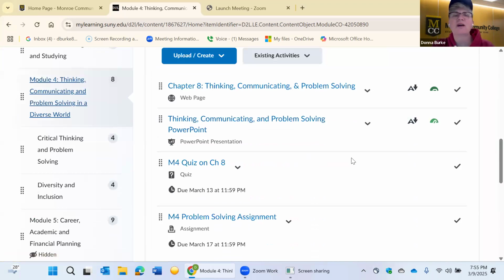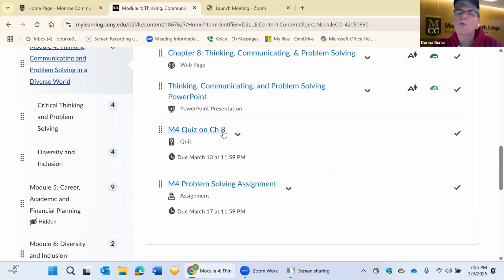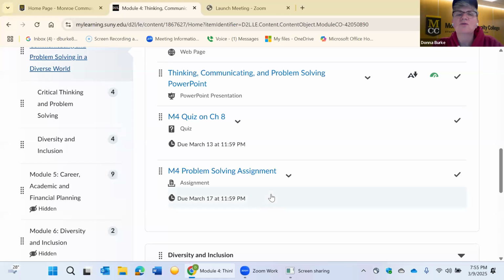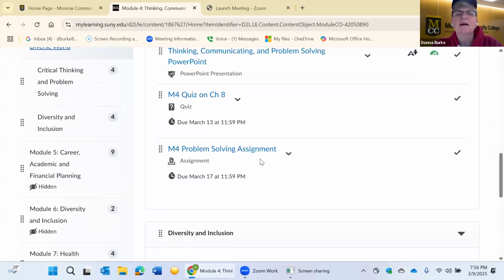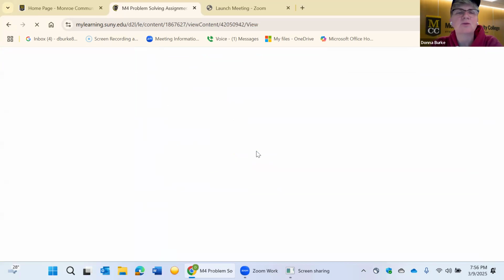First and foremost, read chapter 8. We also have a PowerPoint that can help you pull out the important things from chapter 8. There's a quiz on chapter 8 due March 13th and a problem solving assignment due on March 17th. Let's take a deeper look at that problem solving assignment in Module 4.